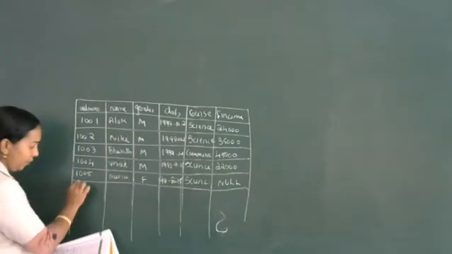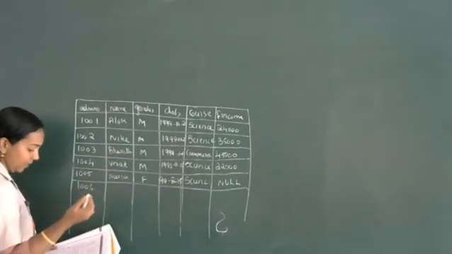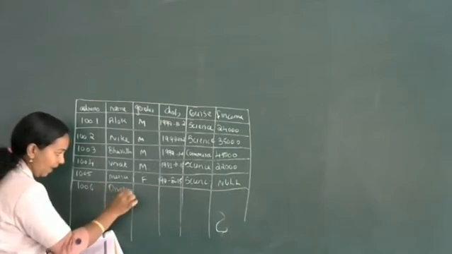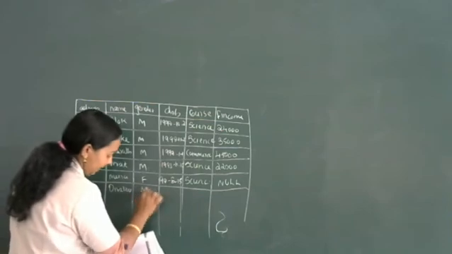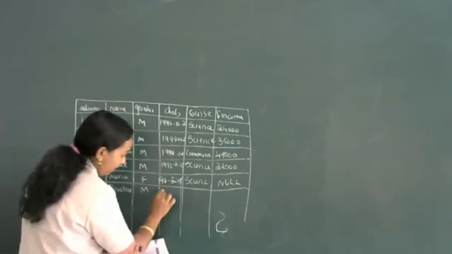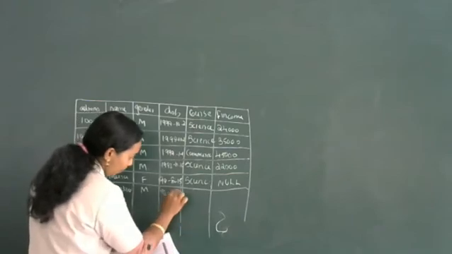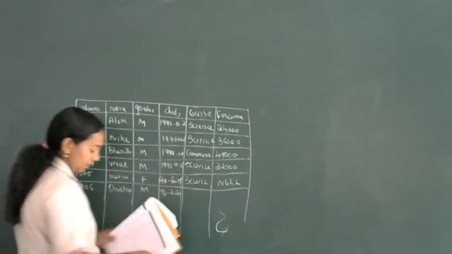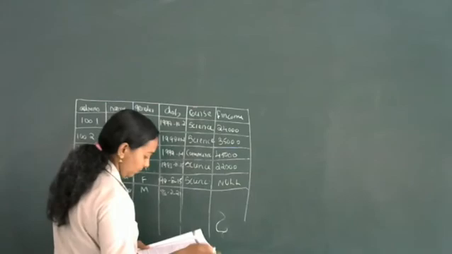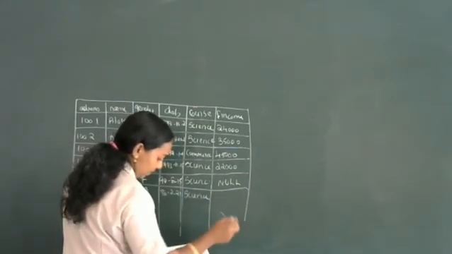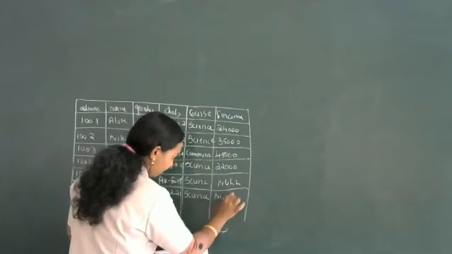Then 1006, Divagar, male, 1998, science, null value.